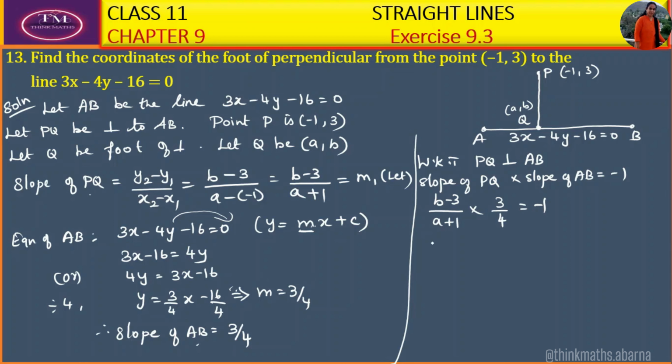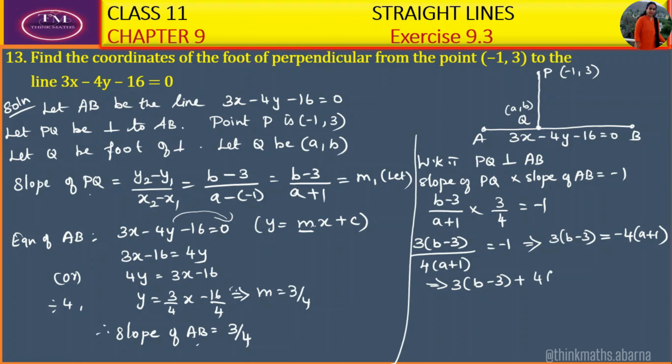So multiplying, we will get 3 into B minus 3 divided by 4 into A plus 1 equal to minus 1. Cross multiplying, 3 into B minus 3 equal to minus 4 into A plus 1. Bring this minus 4 here, it will become plus 4. So we get 3 into B minus 3 plus 4 into A plus 1 equal to 0.